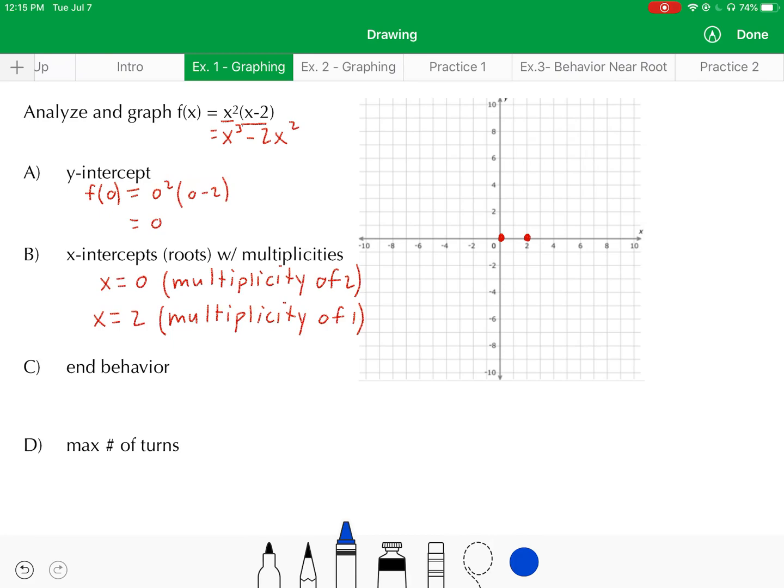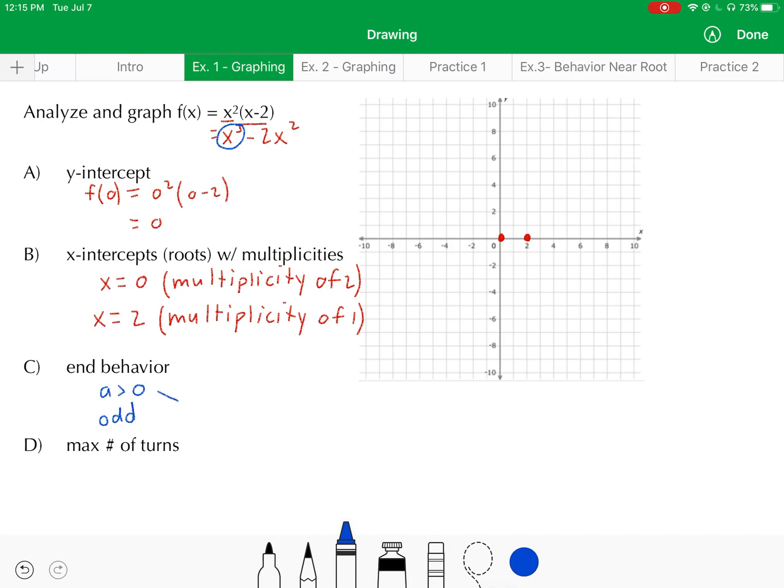Now, end behavior is going to be based off of the leading term of the expanded form of the function. So that would be f of x equals x cubed. So it's like the power function associated with the overall function, okay? There, your leading coefficient, your a value is positive, and then your degree is odd, okay?